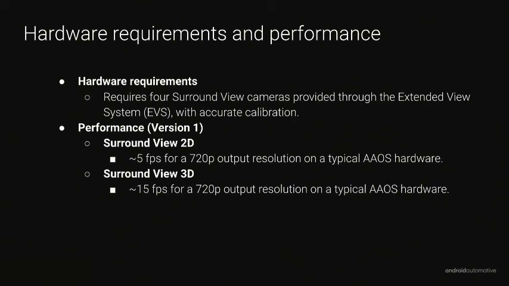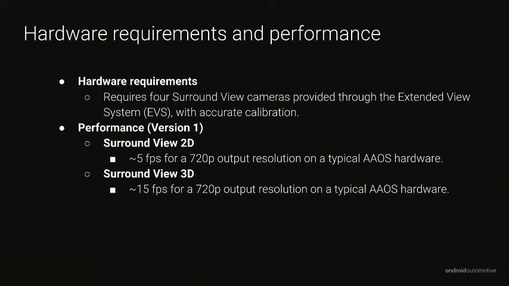So in terms of hardware, the cameras that are needed are the four surround view cameras, and the HAL definition defines the EVS pointer to use these particular surround view cameras. And additionally, the calibration parameters, which are defined as part of these EVS cameras, are retrieved from EVS, and these need to be accurate for the surround view quality to look good. And that is the basic requirement.